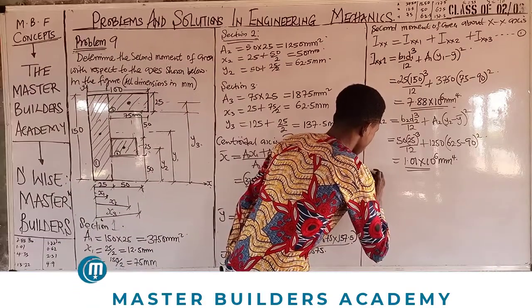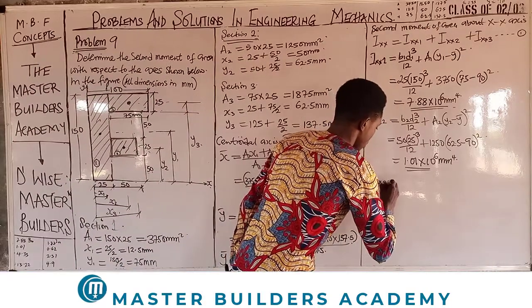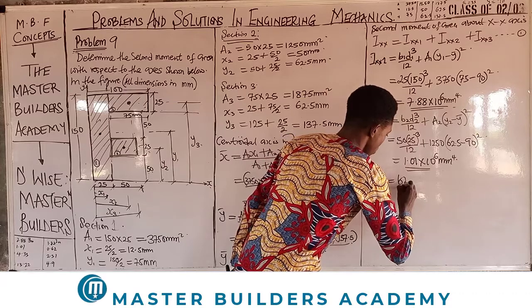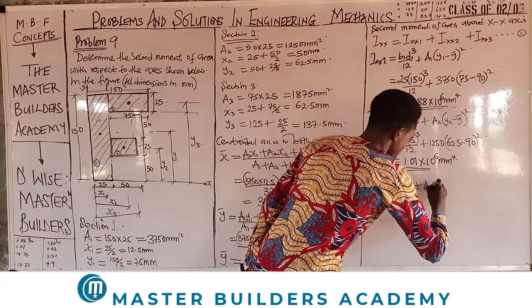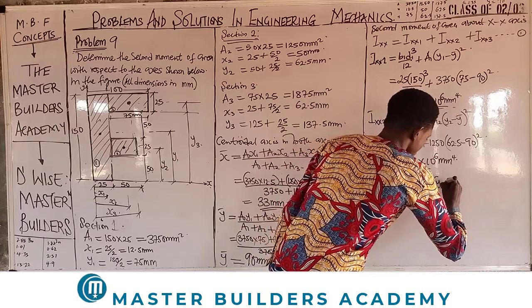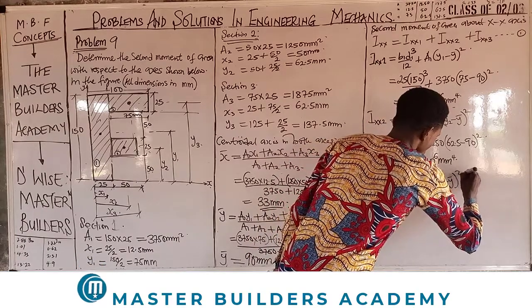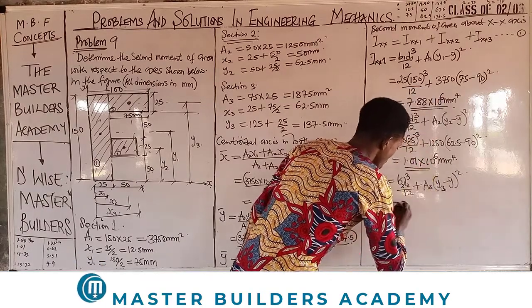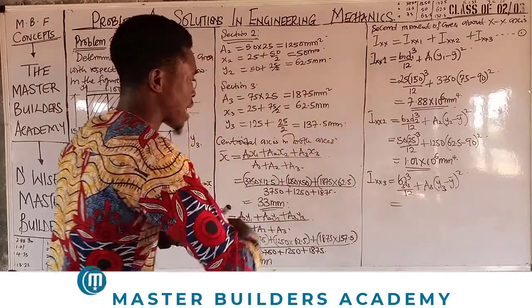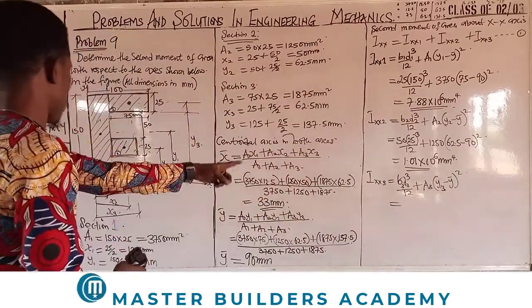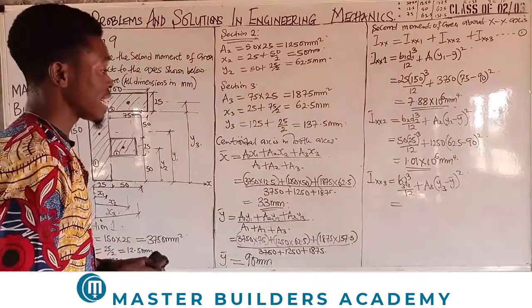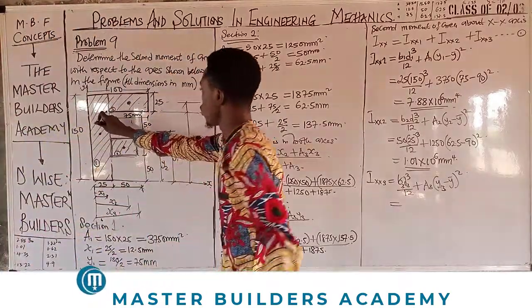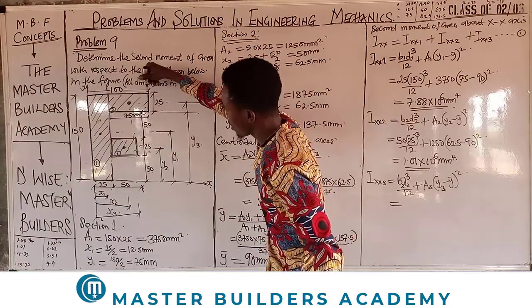For ISS3, this will give us B3 D3 cube over 12 plus A3 into Y3 minus Y bar all squared. Alright? By this, we know that all the parameters there will equally be taken from what? Section number 3. And for section 3, this is the width, horizontal distance, and this is the vertical distance.